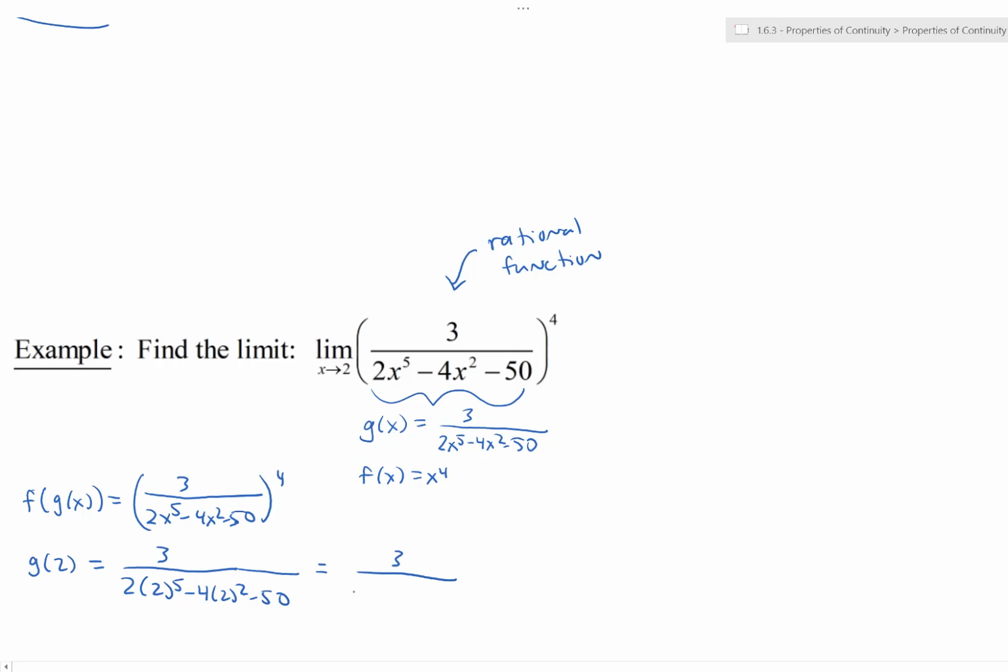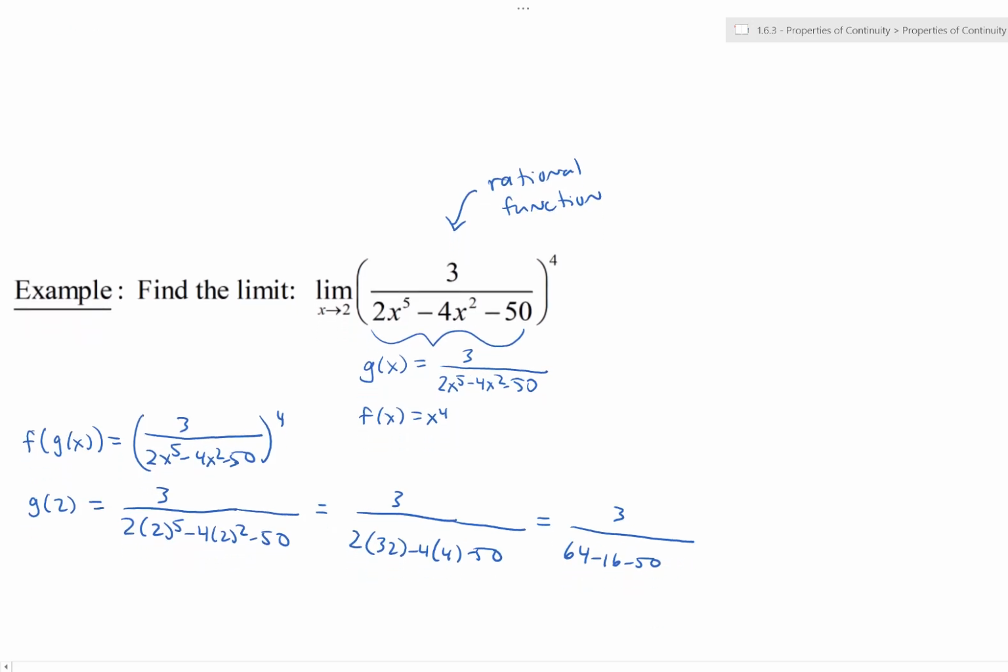3 divided by 2 times 2 to the 5th. What is that? That's 32, minus 4 times 4, minus 50, which gives us 3 divided by 2 times 32 is 64, minus 16, minus 50. Are we defined there? Is that 0?